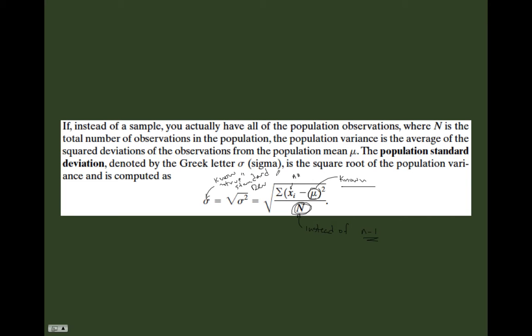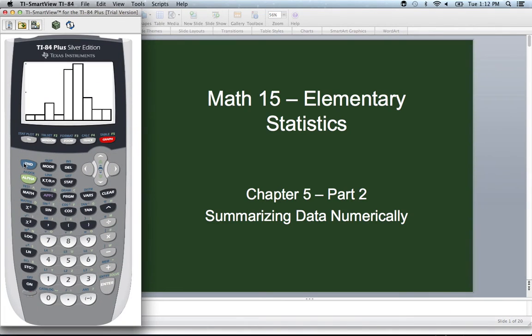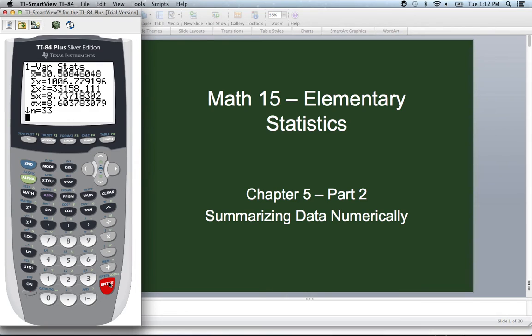And so this is important when we look at the calculator output as well, because when I go back and look at the calculator output, I'll just go back to any of these examples. I'm just going to go second enter. So we'll look at the salmon data. Notice there are two different standard deviations.